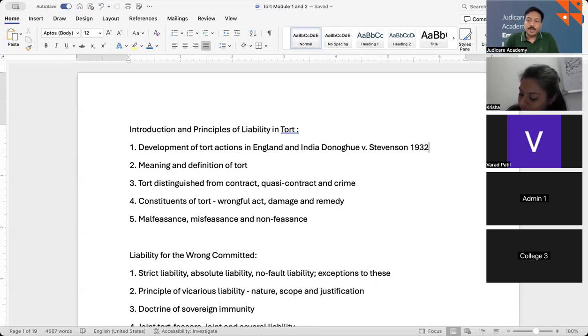So R v, every time you remember v is versus. R v Governor of Brixton Prison, 1979. The legal reasoning given here was that the court held that such an action constituted malfeasance, as the wrongful detention was a clear breach of the prisoner's right.